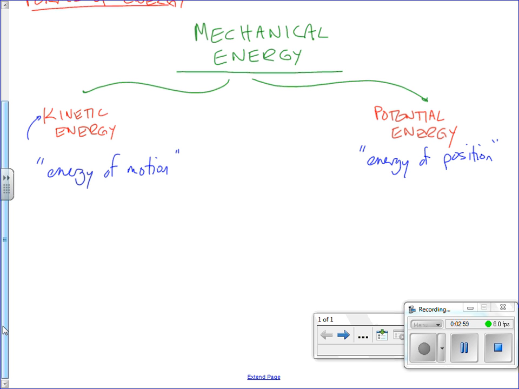Okay? Now, kinetic energy works like this. Well, you kind of have to think about what kind of object would have a lot of kinetic energy. What kind of object would have a lot of energy associated with its motion? Well, I'll say this.